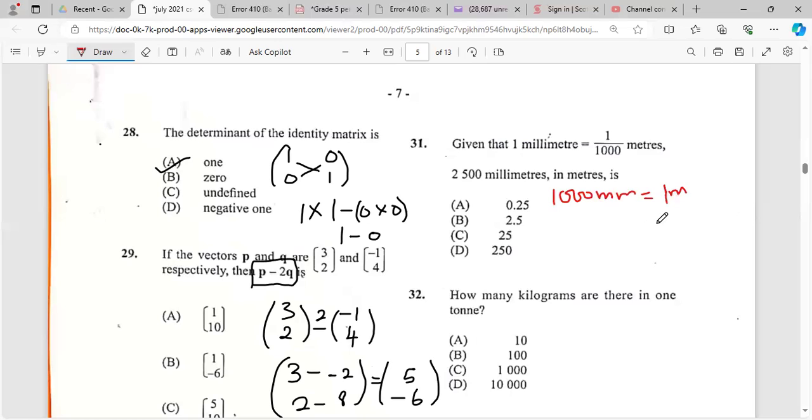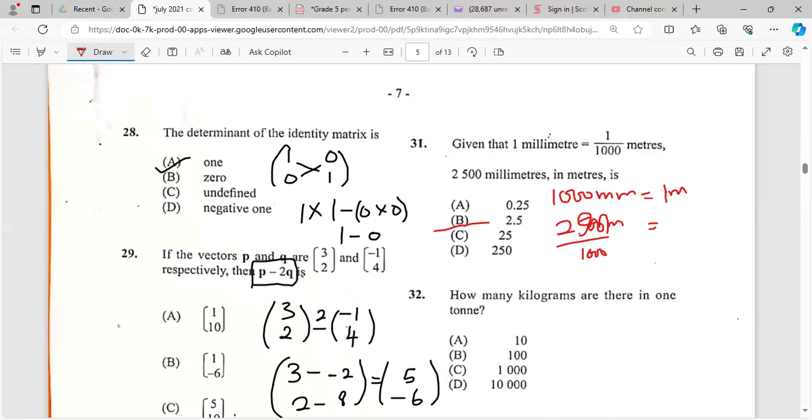So if I have 2,500 millimeters, I know that I should divide by 1,000. And then the other thing, go 1, 2, 3. So that's 2.5 meters.